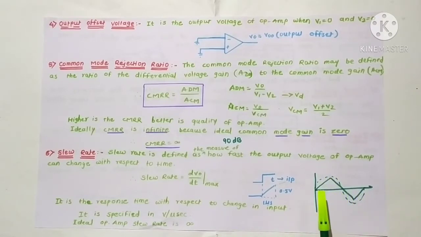Slew rate depends upon the compensation technique also. So students, remember that slew rate is defined as dV0 by dt, the ratio of change in the output voltage with respect to time, and that time is in microseconds.